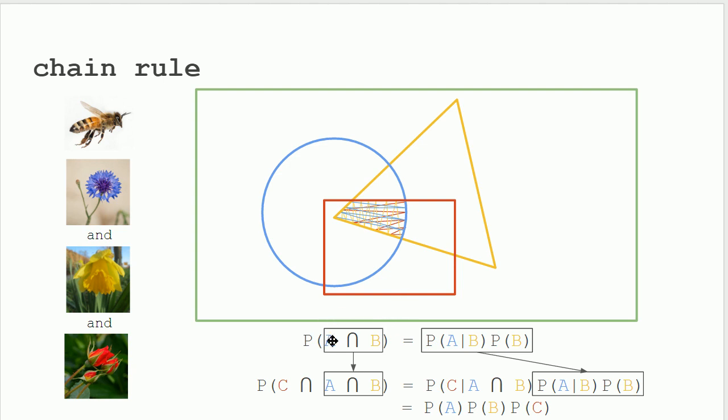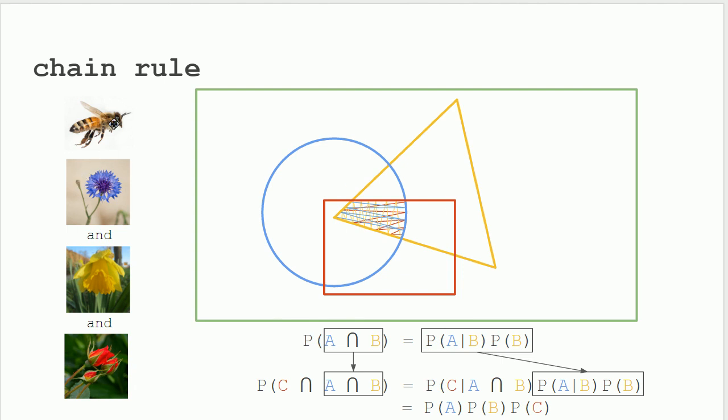So what we can do is chain a new event, which is C right here, the red flower, and we can move what we've already figured out to be the probability of the intersection of these two flowers, the blue and the yellow, to the end and add a new conditional probability, the probability of C, given that you already have the intersection of these two flowers.